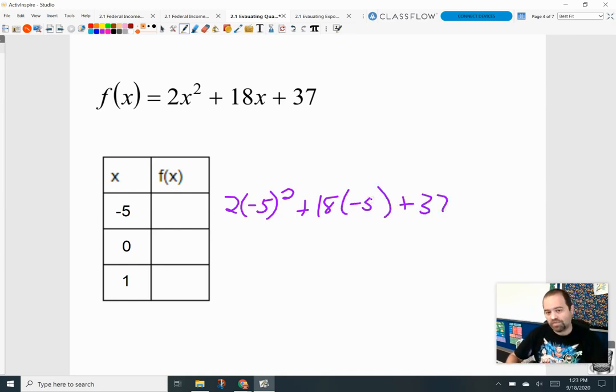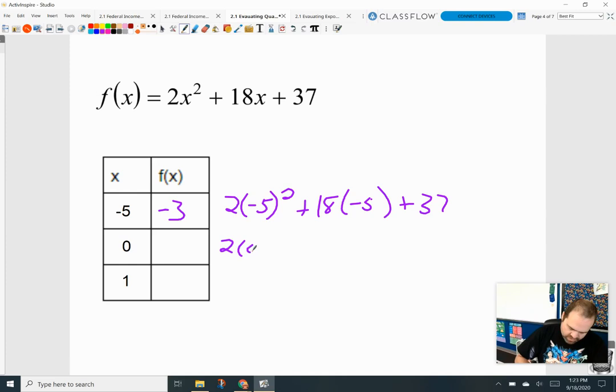If you set it up this way, the way that I've written it with the parentheses and everything, you can type this straight in on your calculator. All that, and I got -3.